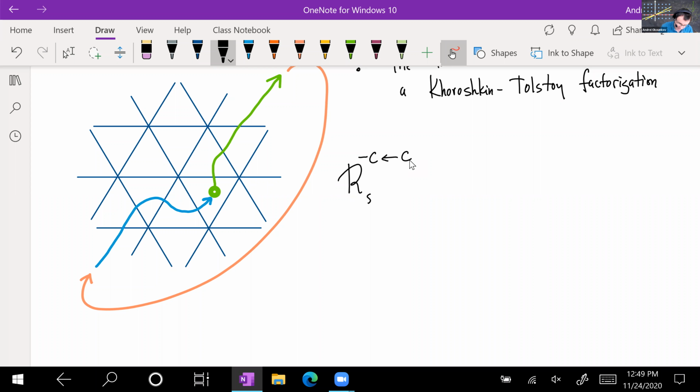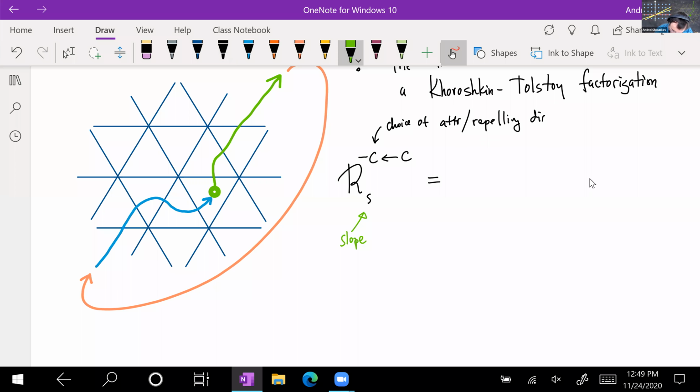So this means slope, and this means a choice of attracting and repelling directions. And so this has a factorization where first you choose a path that goes to infinity, and then you choose a path that comes from minus infinity, like I wrote here.